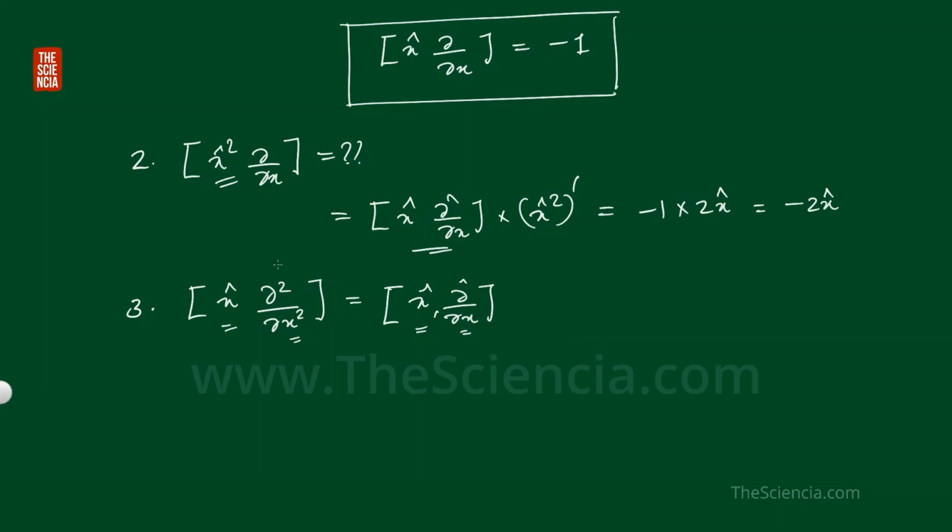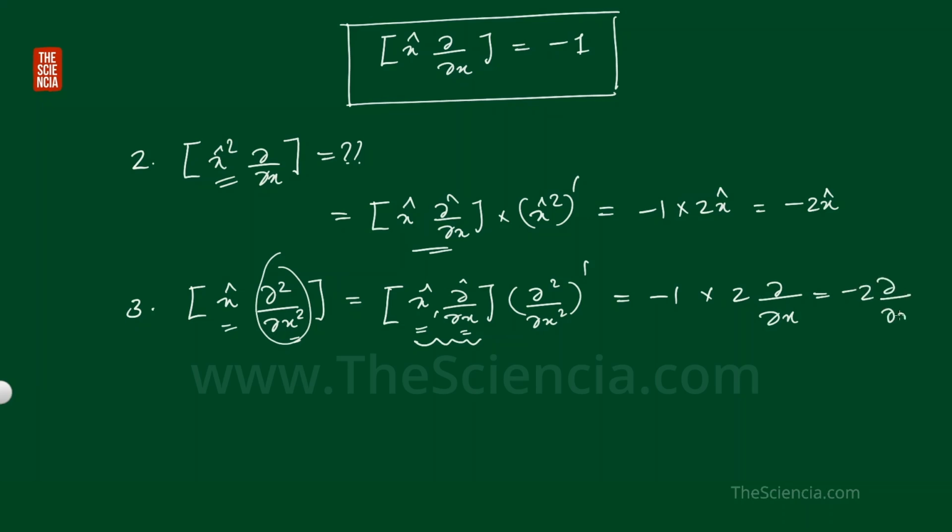Now we can take the derivative of this function, that is the derivative of (∂/∂x)². So this is equal to, we know the value of this term is minus 1, into the derivative, which is 2 into ∂/∂x. So we get minus 2 ∂/∂x.